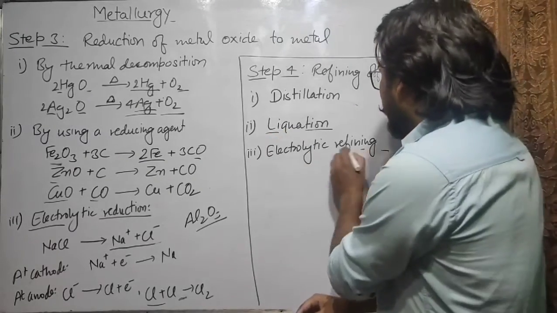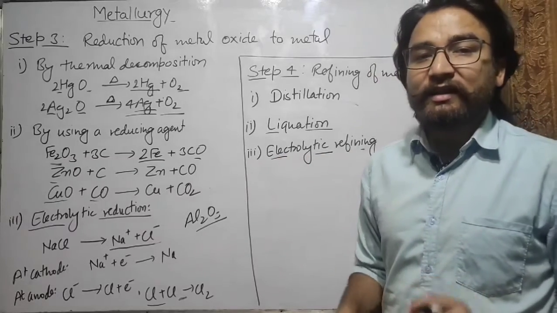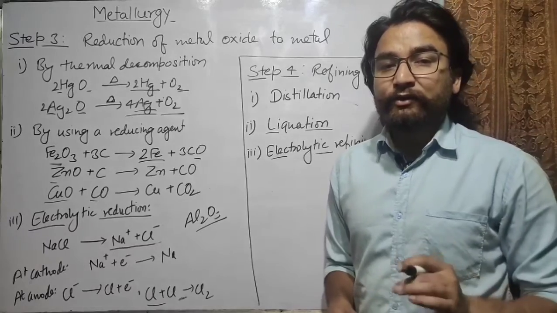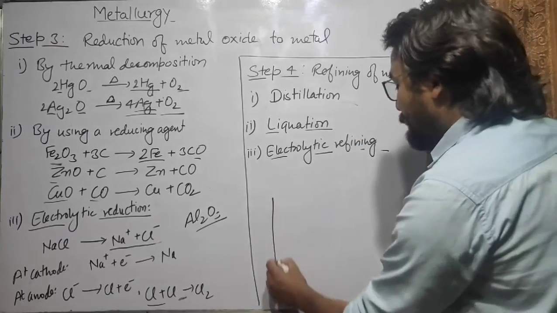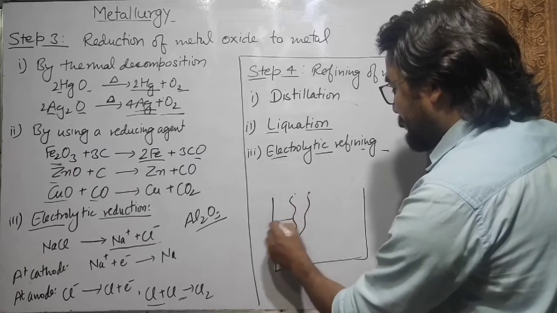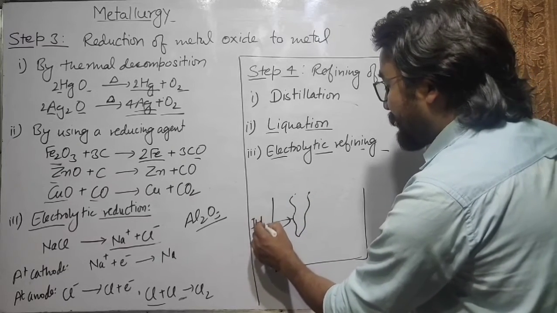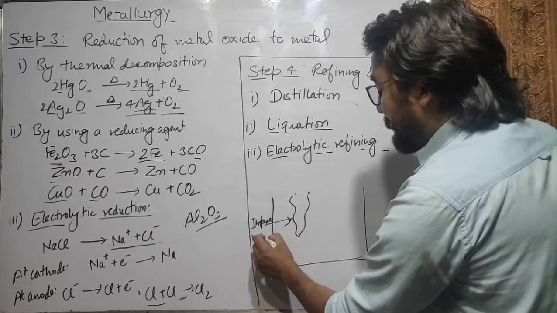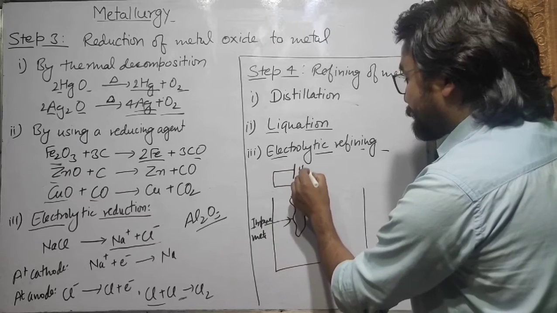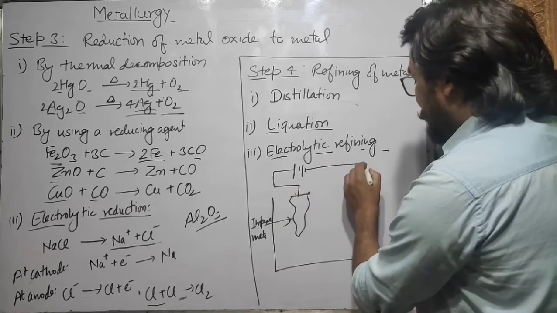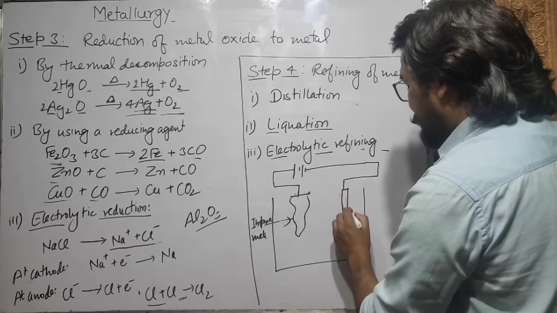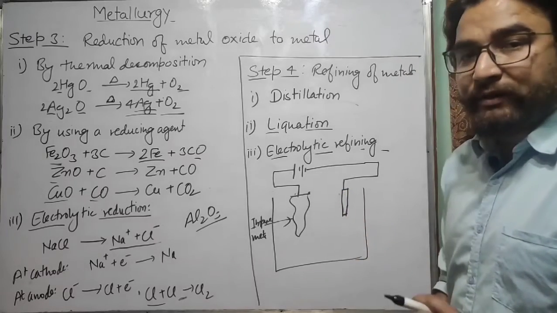The next method, which we have already discussed, is electrorefining. So what happens in electrorefining? In electrorefining, the impure metal is kept at the anode, while a strip of pure metal is kept at the cathode.